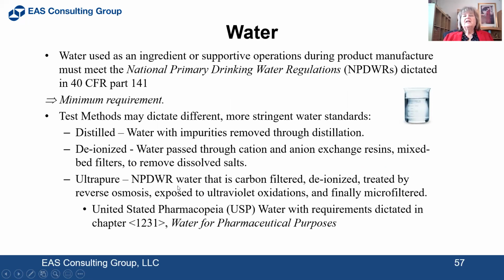National primary drinking water regulations are the minimal standard required for any water for GMP facilities, but then you will have different types of water for different types of uses in the laboratory. There might be distilled water, deionized, and ultra pure USP water that it's called for.